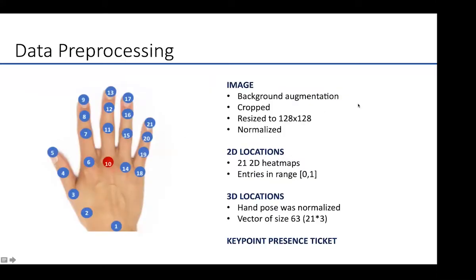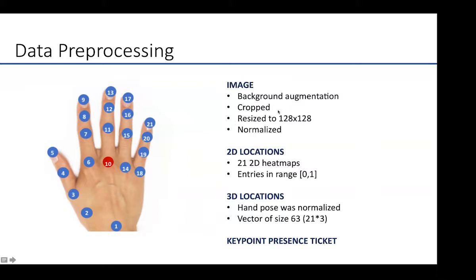Data preprocessing. First of all, data processing with the image. If a dataset allows, you can do some kind of background augmentation. You need to crop the image as close to the key points as possible, so there is less background in the image and the model will be more accurate.